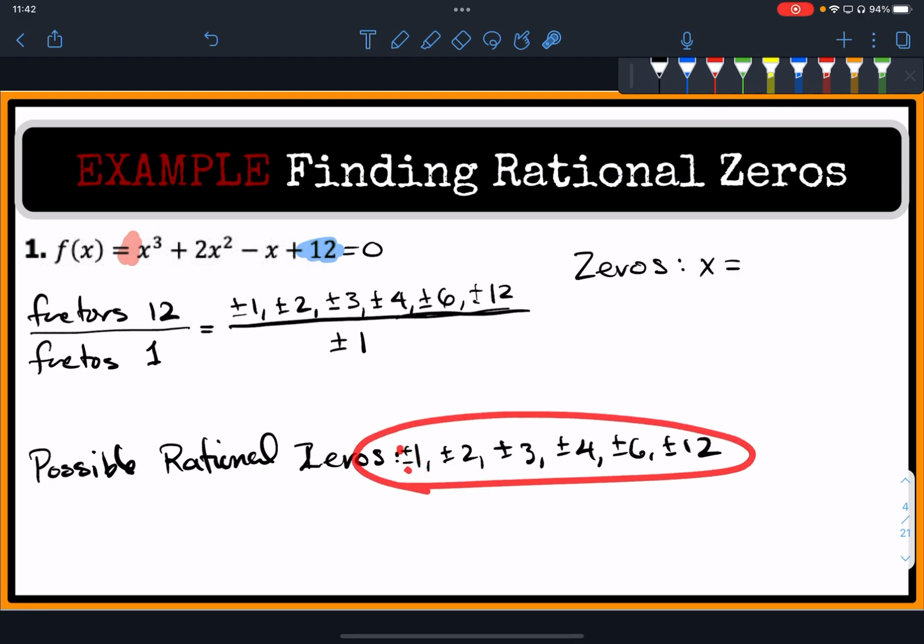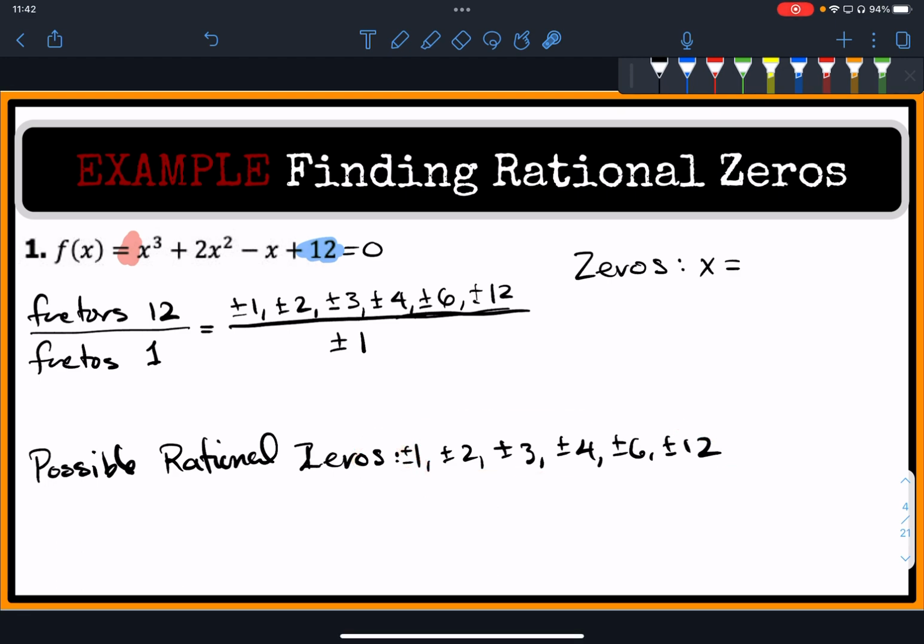Out of these 12 numbers, I know that from this list I can find the 3 zeros for this polynomial. I know there has to be 3 of them because there's x to the third power. For today's problems, they're going to be set up so that all the zeros are rational.